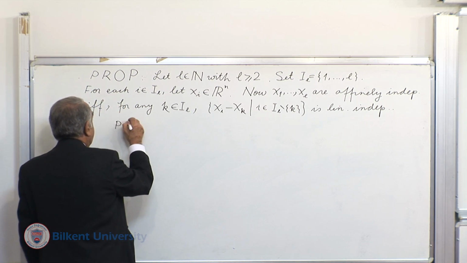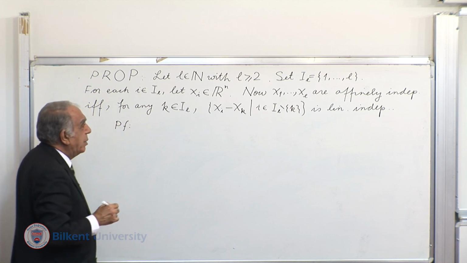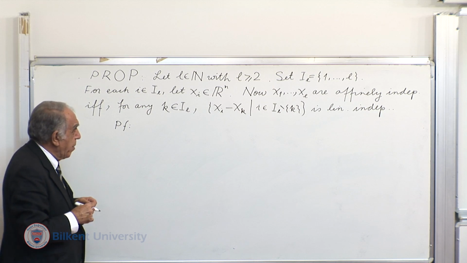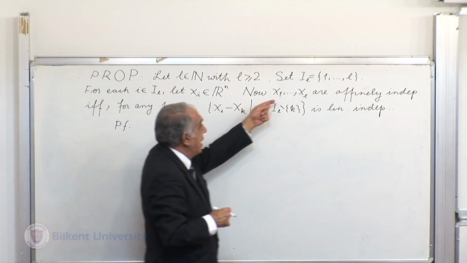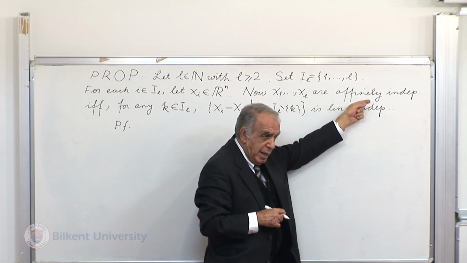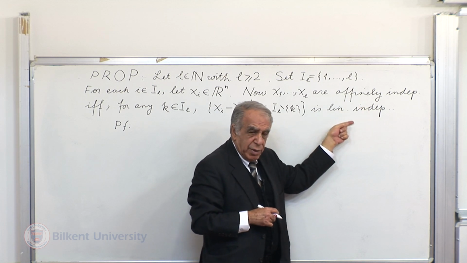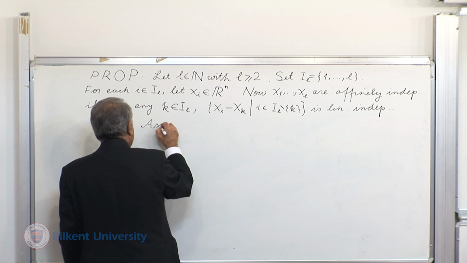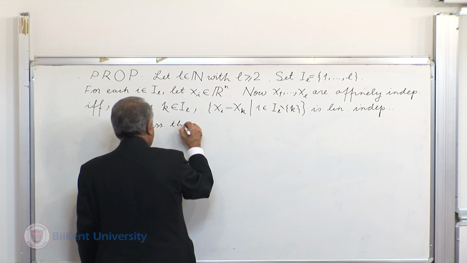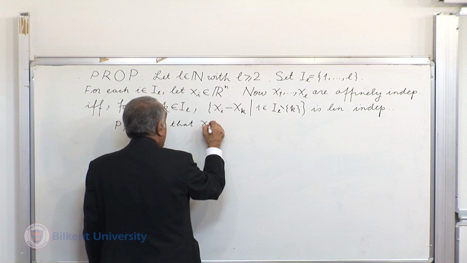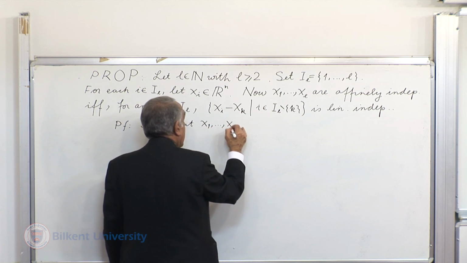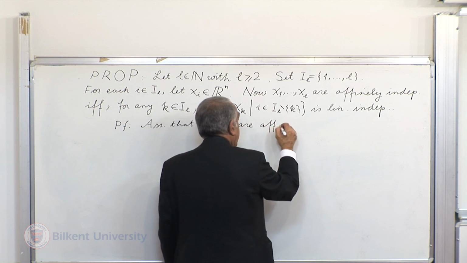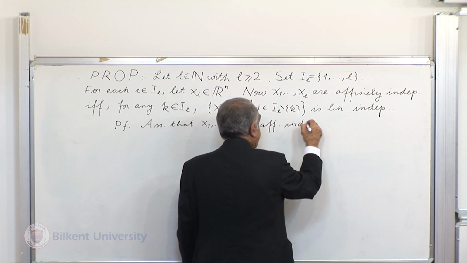Now, proof. It has 2 directions, but both are similar to each other. Now, let's assume that x_1, ..., x_L are affinely independent and show that this holds. Assume that x_1, ..., x_L are affinely independent.